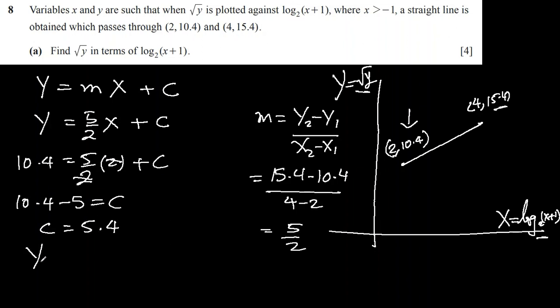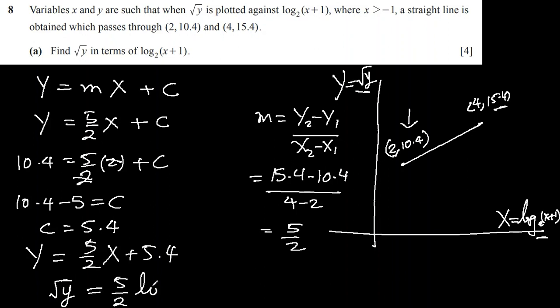So the equation of this line becomes y equal to, not m, we know m now, 5 over 2 x plus 5.4, and let's substitute the values of real x and y's. The capital Y was square root y equal to 5 over 2, x is log base 2 x plus 1, plus 5.4. This is the equation of the given graph.